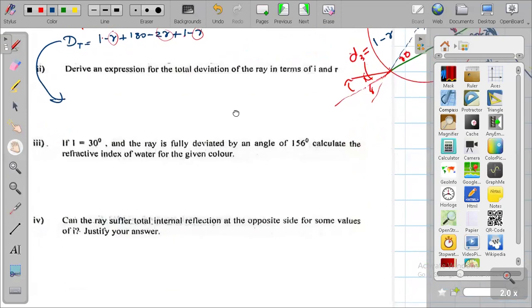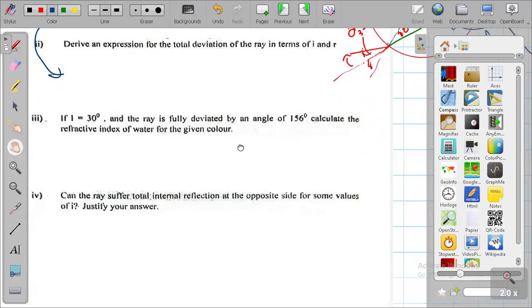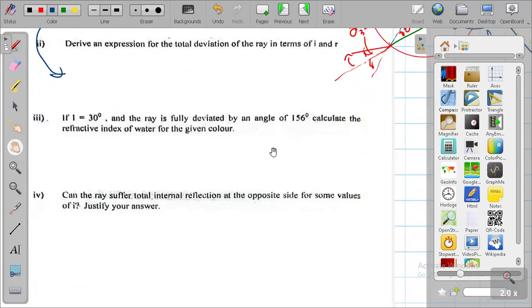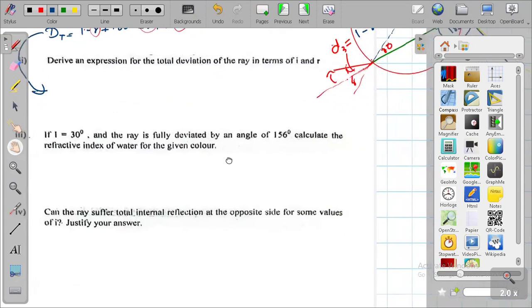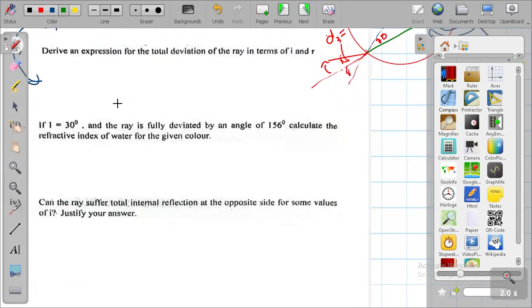If I equals 30 degrees and the ray is deviated by 156 degrees in total, calculate the refractive index of water for the given color. The total deviation is given as 156, which equals 180 plus 2I minus 4R.